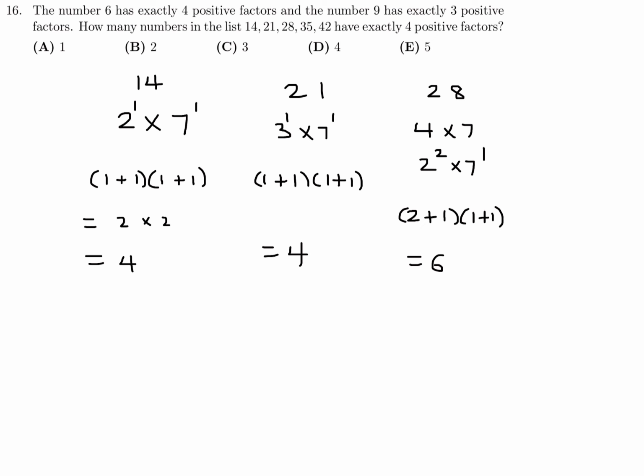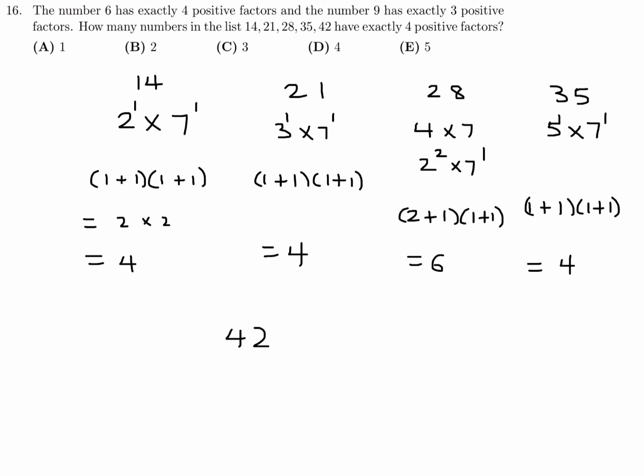So that's different. 35, if you break it into its prime factors, is 5 times 7. And that, using the rule, would be 1 plus 1 times 1 plus 1, and that is, again, 4. Okay, 35 has 4 factors. What about 42, the last one?